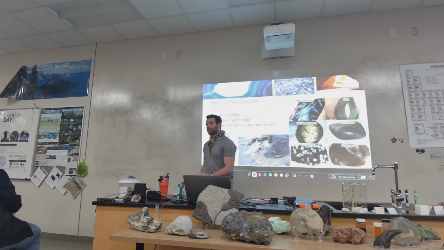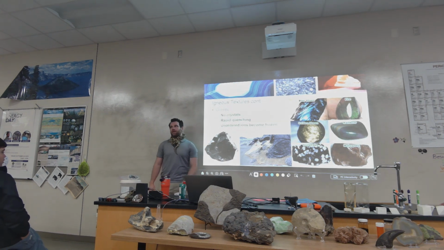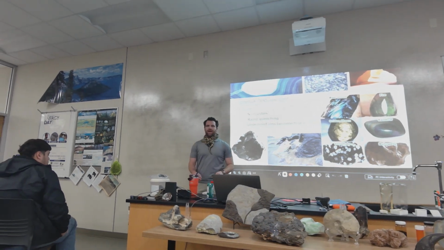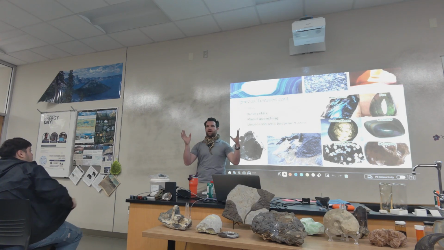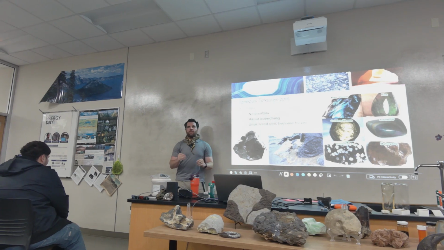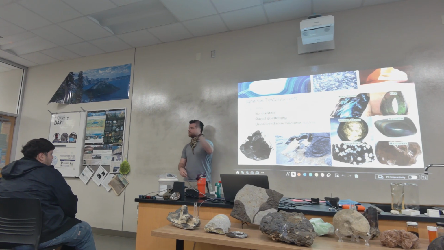Another really cool way that we can see volcanic glass form is this. In Hawaii, where you don't have particularly violent eruptions of lava, which we will talk about later, instead it spits lava out of the volcano constantly.